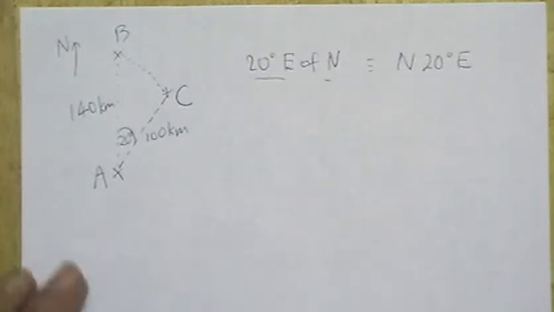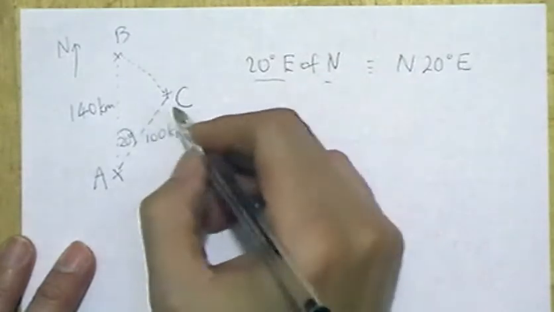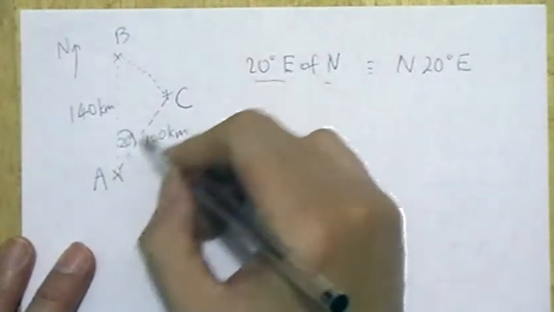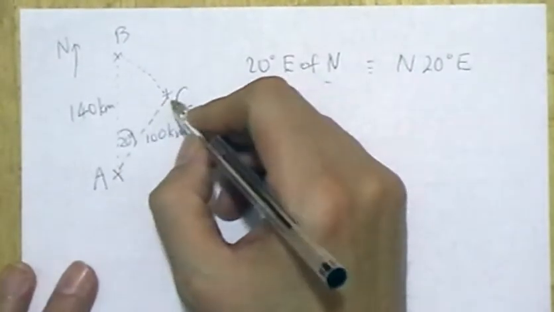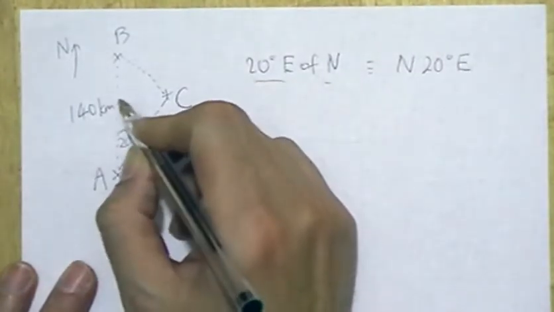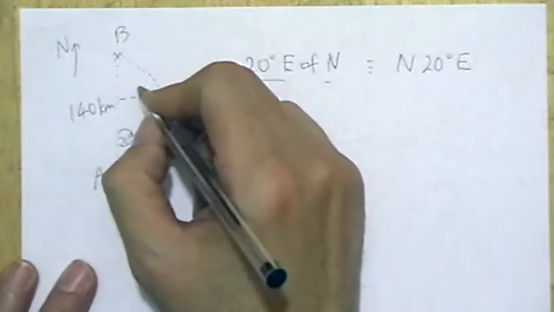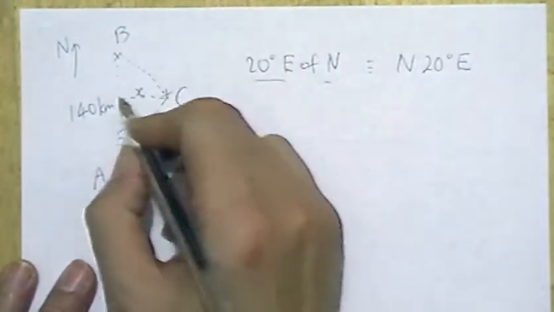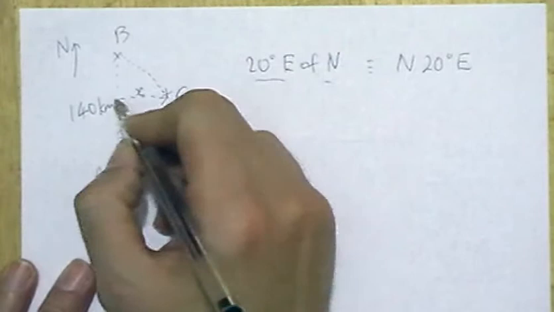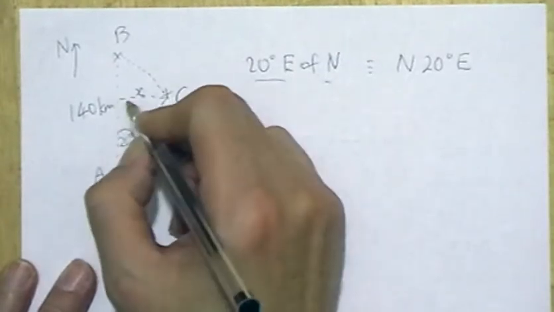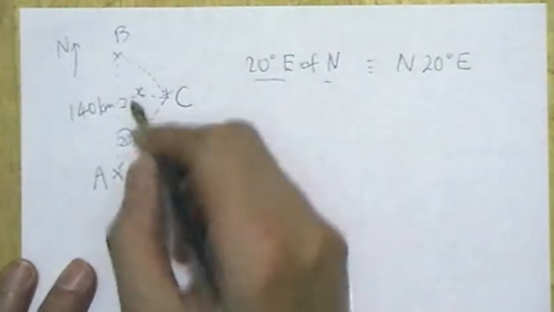So the question now is, by the time the bird reaches C, how far is it from this straight line from A to B? What is this distance x? So this distance would be the perpendicular distance.